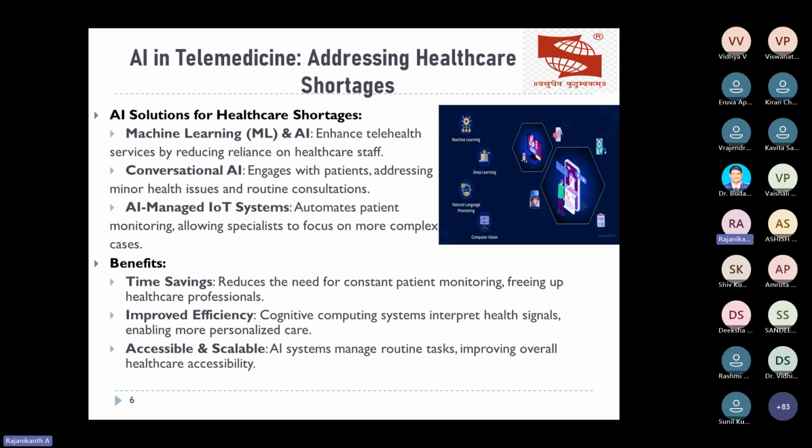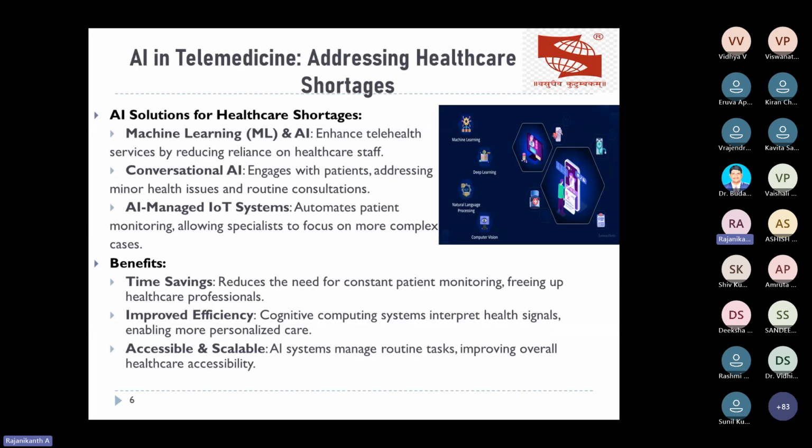For conversational AI, we take advantage of another mechanism, that is NLP, natural language processing. That's what we talk about with conversational AIs. Not only conversational AIs, at a later part we will also talk about explainable AI and generative AI.